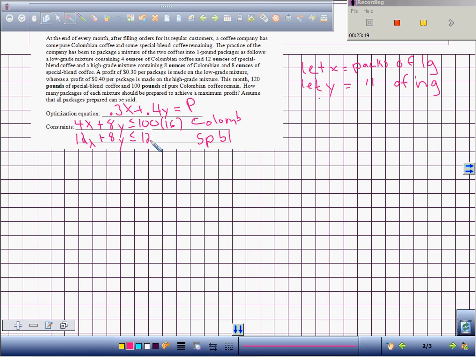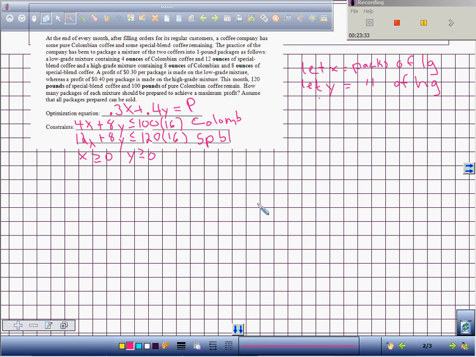So that's 120 times 16. See that? Good? And then your other two restraints are X has got to be greater than or equal to 0, and Y has got to be greater than or equal to 0.